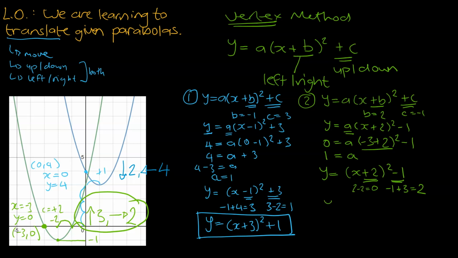So that's going to be equal to (x plus 0) squared plus 2. And we can simplify this part here because plus 0 doesn't change it. That means y is going to be equal to x squared plus 2. And that would be the equation of our translated green parabola if we moved it up 3 and to the right by 2.